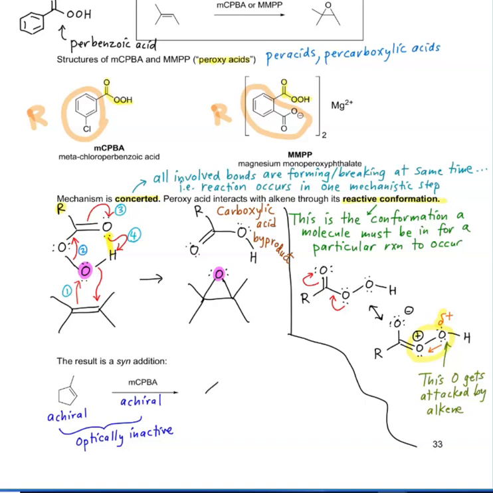So the epoxide can form from the front face or the back face of this alkene. It forms from the front face. That pushes the methyl group back. And if it forms from the back face, that pushes the methyl group forward.